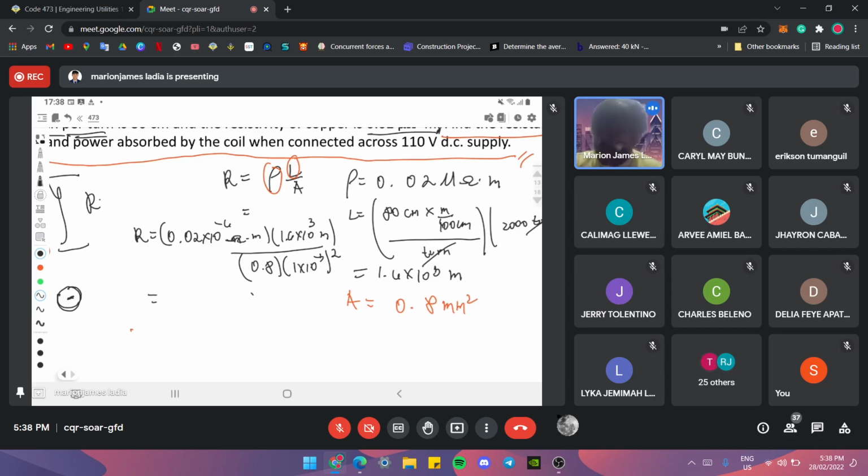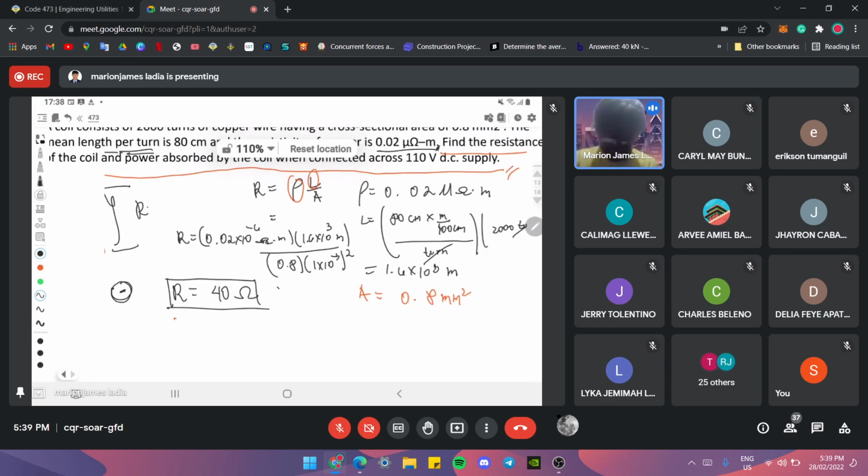So 1.6 divided by 0.8 multiplied by 1 times 10 raised to negative 3 square. Okay. So we'll have a value equal to 40 ohm. So yan yung resistance natin.